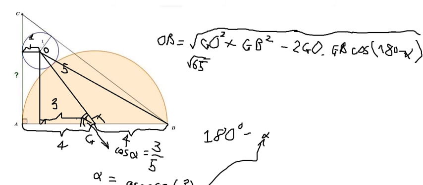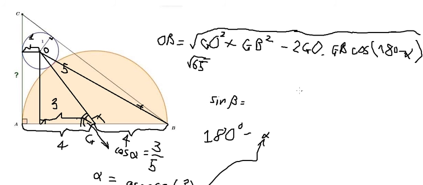Next, we know that from O to this length CP, this radius here is at a right angle, so we have the length OB is the square root of 65. If we want to find this angle here, we can use cosine beta, no, we use sine beta.